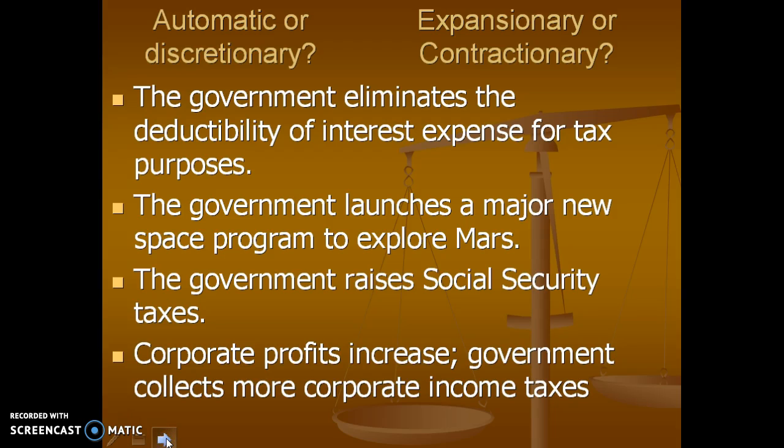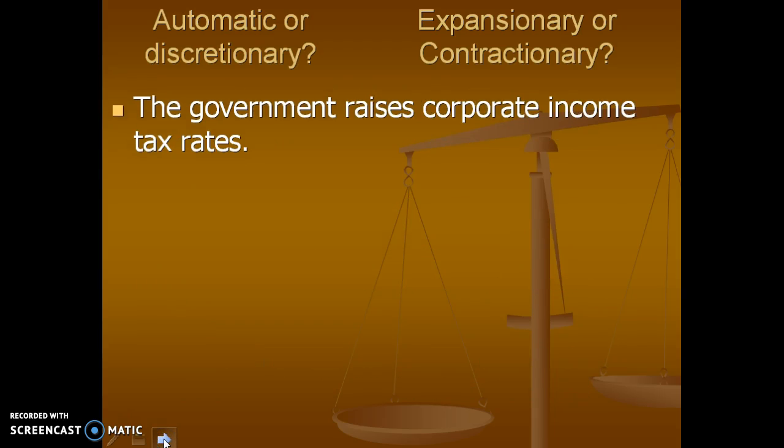Corporate profits increase. Government collects more corporate income taxes. This one is automatic, and it is contractionary because people are paying more in taxes. The government raises corporate income tax rates. This one is discretionary, and it is contractionary.